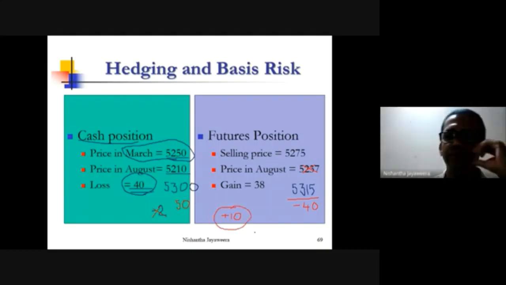But what I wanted to explain is, when the market price goes down, we limit our loss. Similarly, if the market goes up, we limit our gain as well. It should be very close to 0 if the hedge works properly. Is it clear?